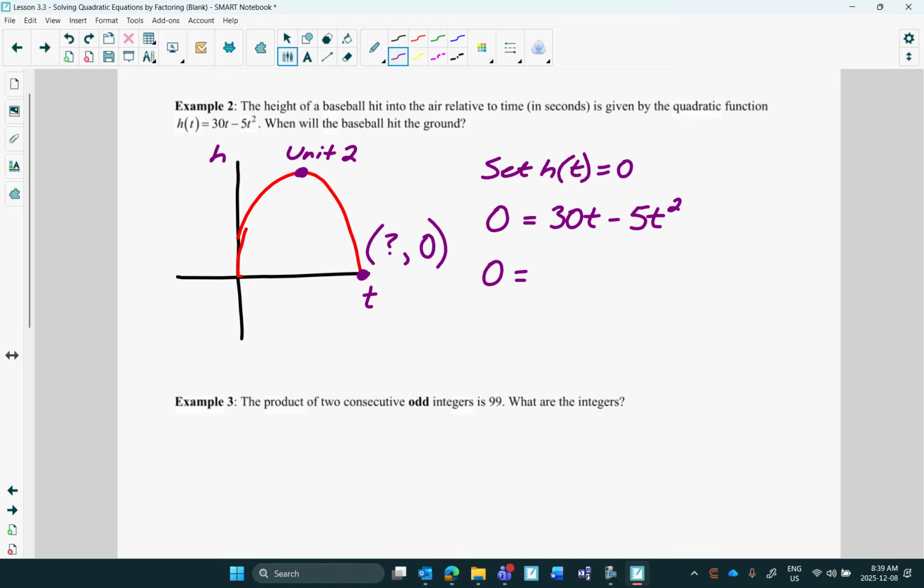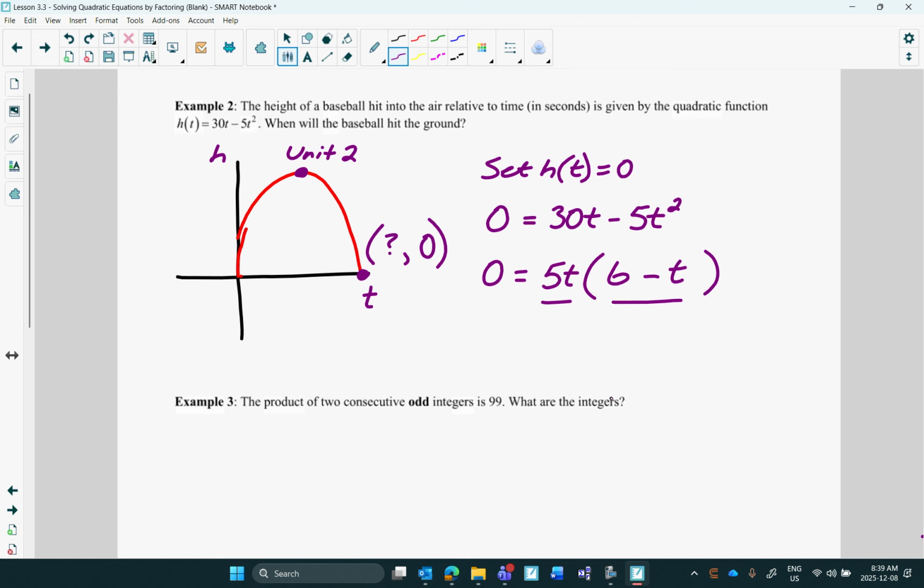So what kind of factoring am I going to do here? GCF. What can I take out? 5t. And I'm left with 6 minus t. So we set each factor equal to 0, right? Because if this equals 0, that's a solution.